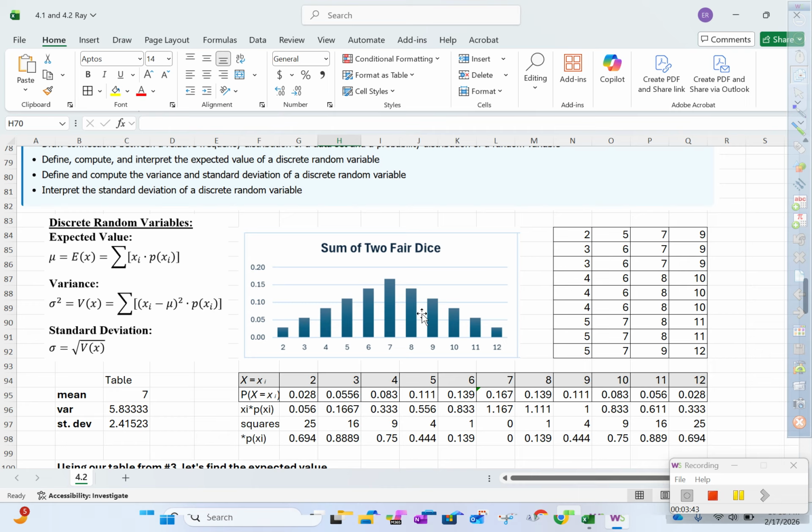So as a reminder, we've done some work with grouped data before, and I like to relate it back to the graph. When we talk about a discrete variable, it's going to be represented as a bar graph rather than a histogram, since each of those values can be separated.